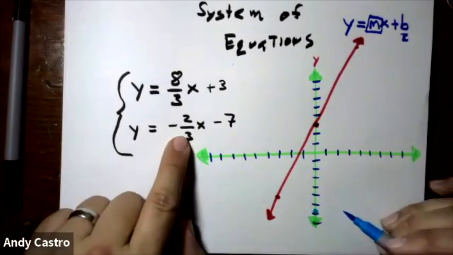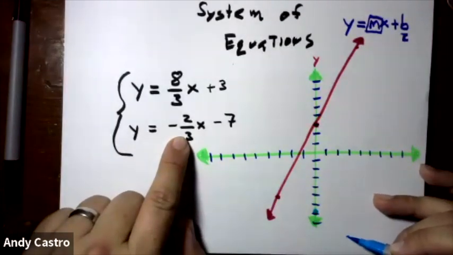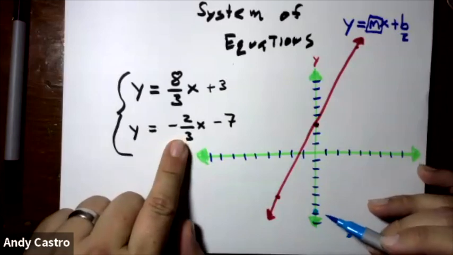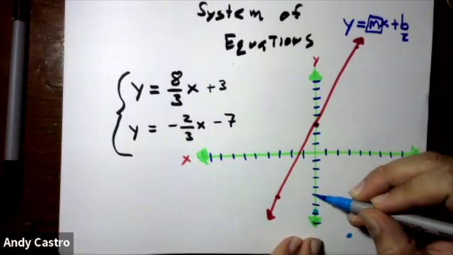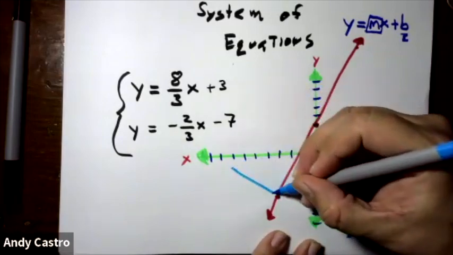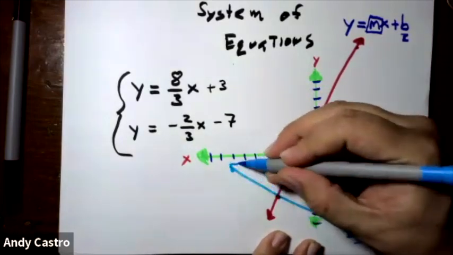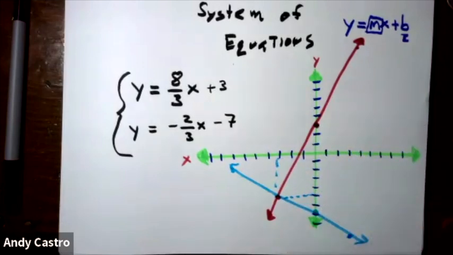Then I'm going to have a slope of negative 2 over 3, which goes kind of off my graph a little bit, so we can go the other way: up 2 and to the left 3. So it looks like these two are going to cross at about that point.